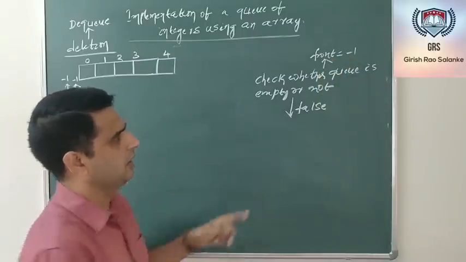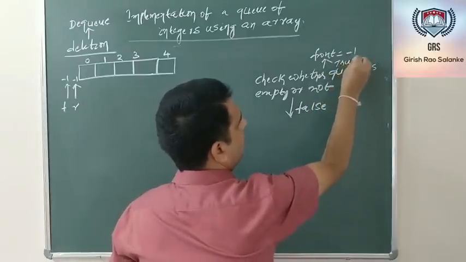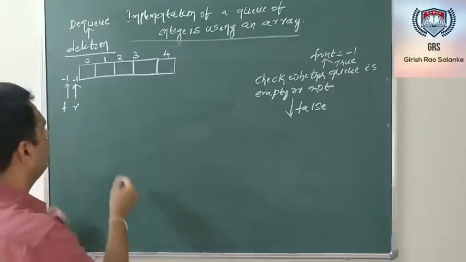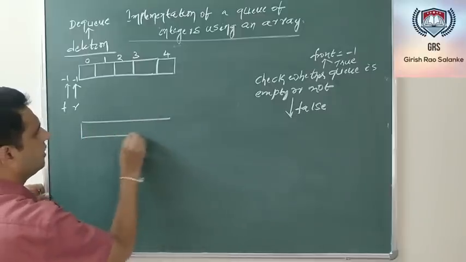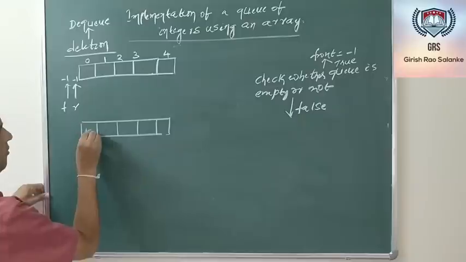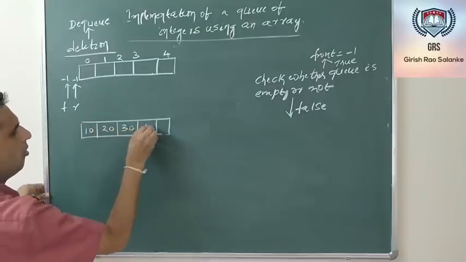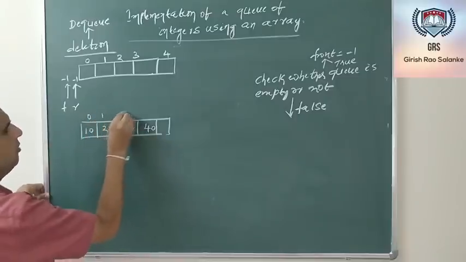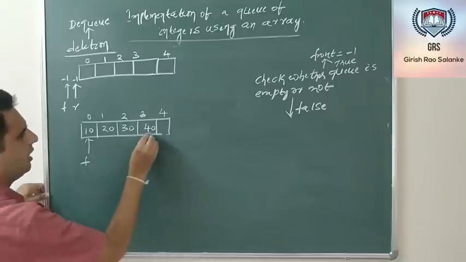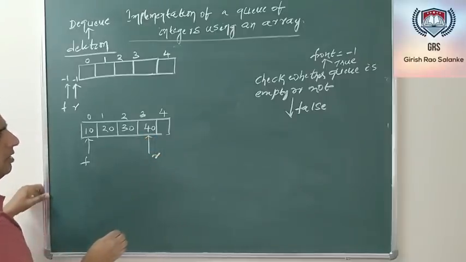If queue is not empty, if Q is having some elements in it, then one scenario wherein I have some 4 elements on my Q. If there are 4 elements on my Q, this will be the front end and this will be the rear end.